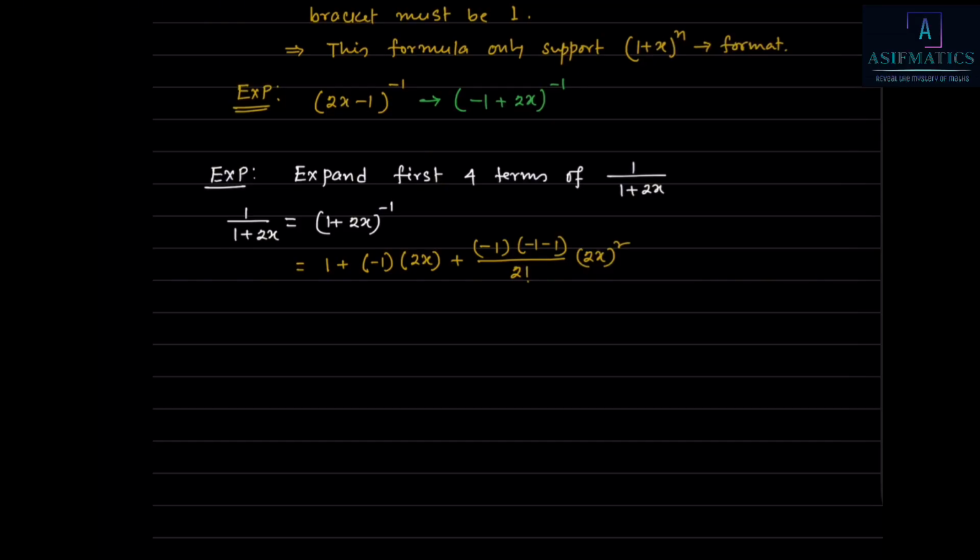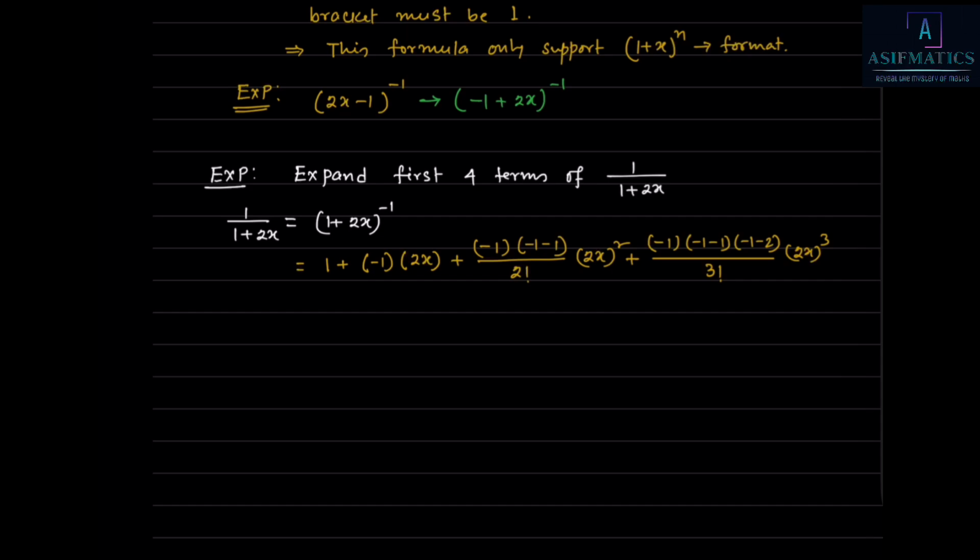Write everything in the position of x, whatever you can see. So 2x square, plus n is minus 1, n minus 1, n minus 2, all right? And then you have factorial 3, and that will be 2x cube.